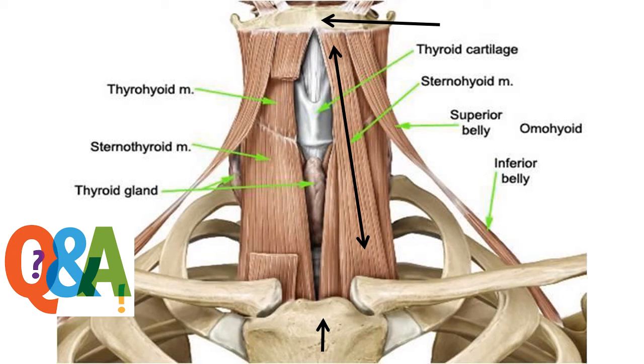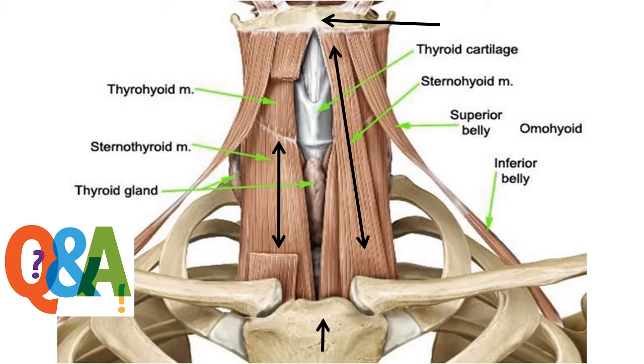There is this muscle that comes from the posterior surface of manubrium sterni and attaches up to the body of the hyoid bone. Therefore it is called sternohyoid muscle.